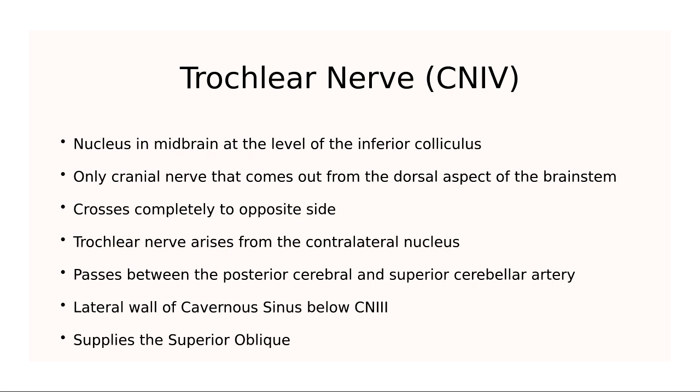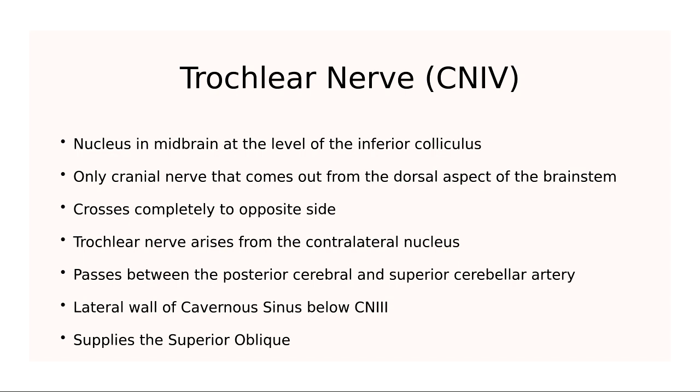We're going to talk about the fourth cranial nerve, or the trochlear nerve, and the nucleus of the trochlear nerve is at the midbrain at the level of the inferior colliculus. Now this is the only cranial nerve that comes from the dorsal aspect of the midbrain, and it crosses completely to the opposite side.